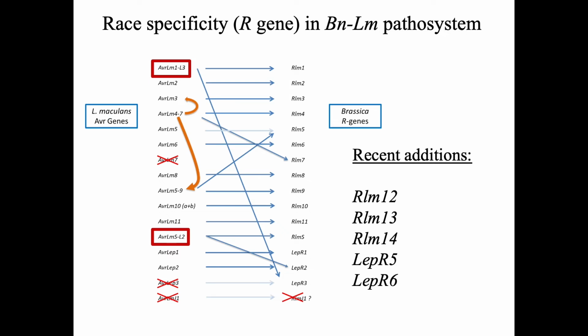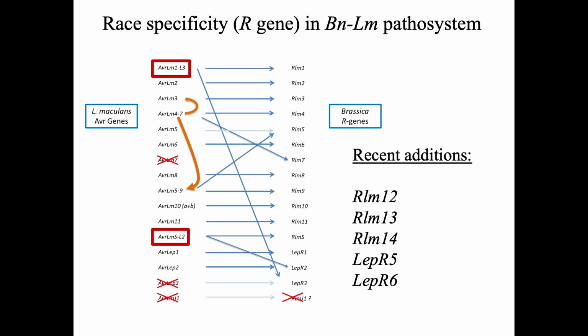These genes generally conform to the gene-for-gene model. However, the recent cloning of several R genes and many of the AVR genes has shown that this interaction is not strictly classical gene-for-gene.